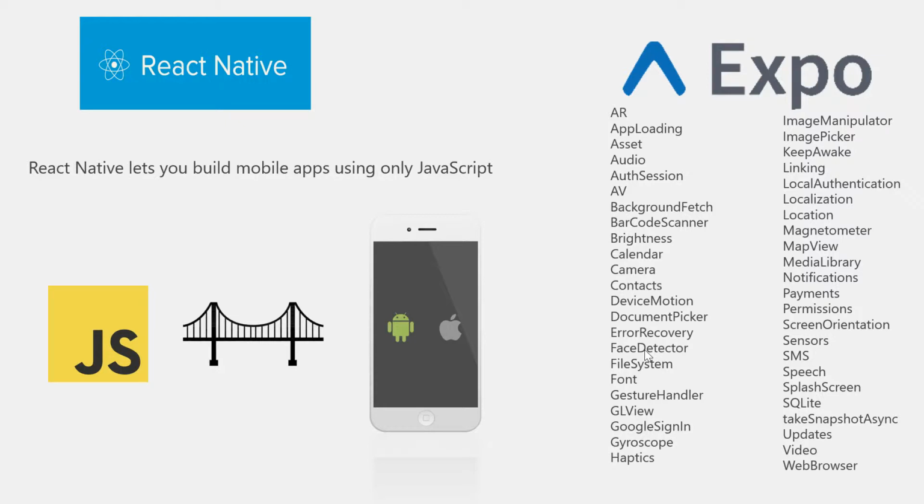Basically, it gives you access to all these features that you can access and use from your mobile phone, which is very awesome. Now, Ionic itself only gives you the web view, which is not good.